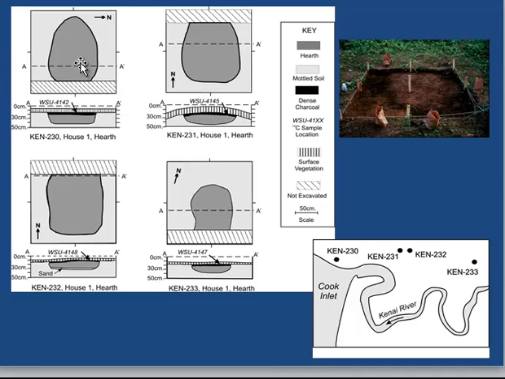And as the house is abandoned and decays, the whole log crib decomposes, and so you see this sort of lens. This is a cross section here, and this is a plan view. This lens of sand and charcoal and sometimes fire-cracked rock. And almost always, the last fire is right at the top in terms of this pithy charcoal.